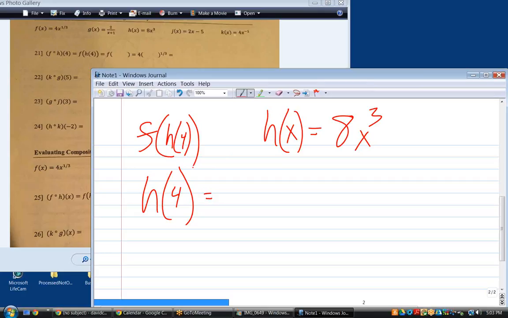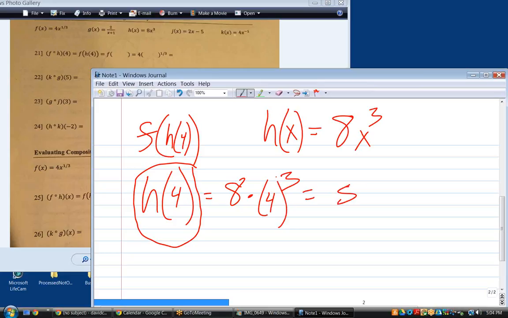In other words, whenever you evaluate a function by putting a number or a letter in parentheses, the way you solve it is by plugging that into the function. So h of 4 would be 8 times 4 cubed. 4 cubed is 64. So 8 times 64, I believe, is 512.